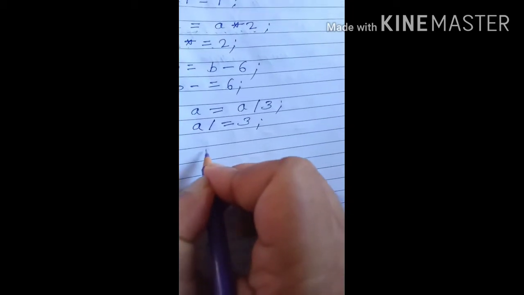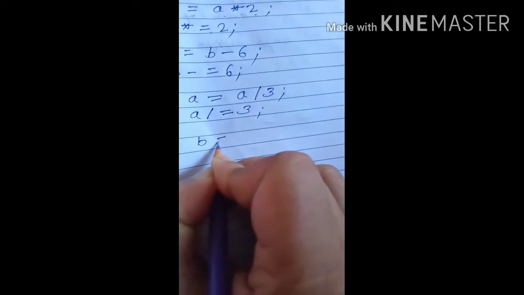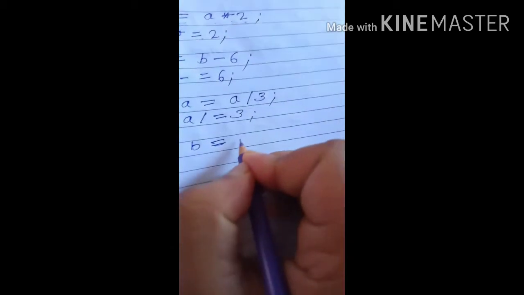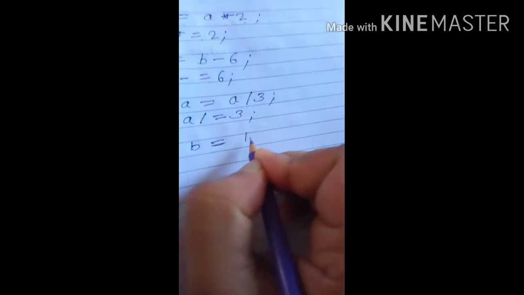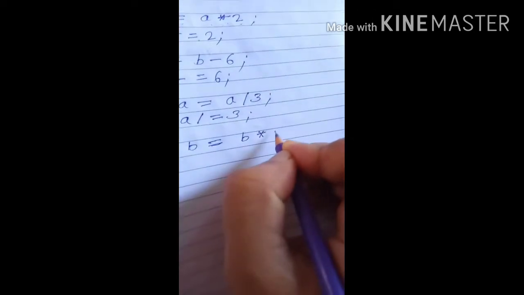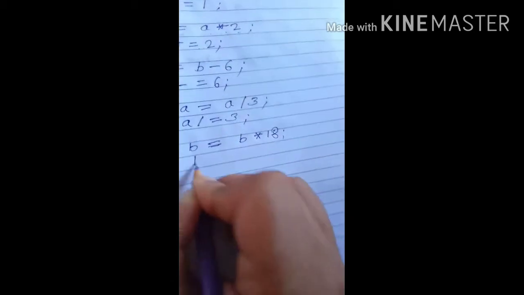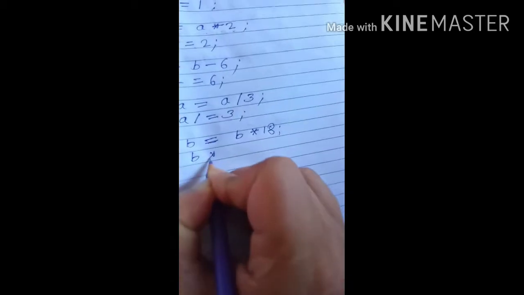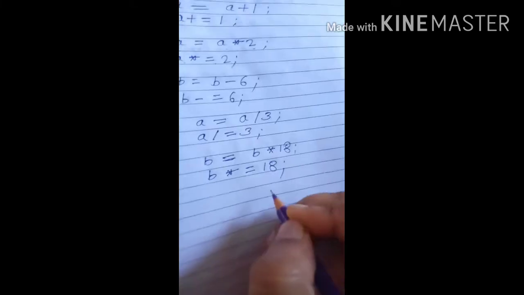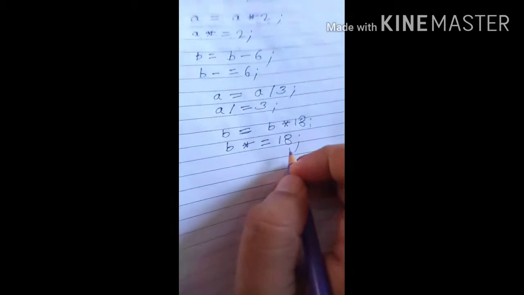If we are writing b equal to b into 18, then b into equal to 18. So this is the short form, the way of writing Java short form.